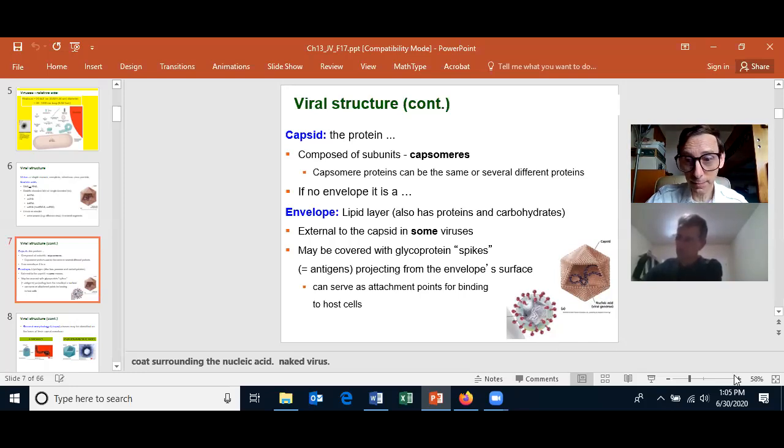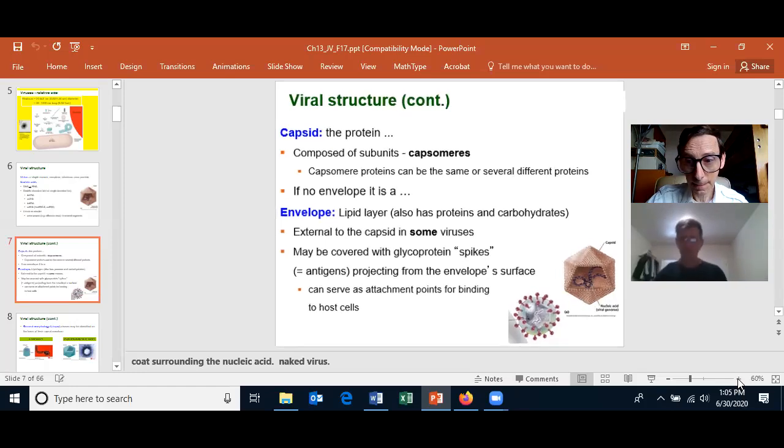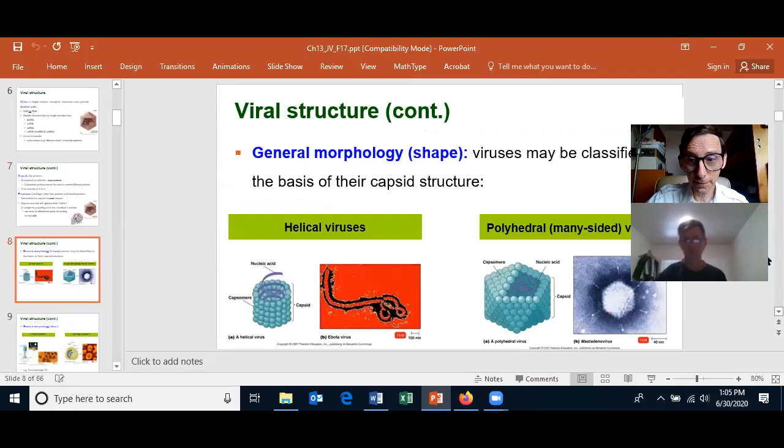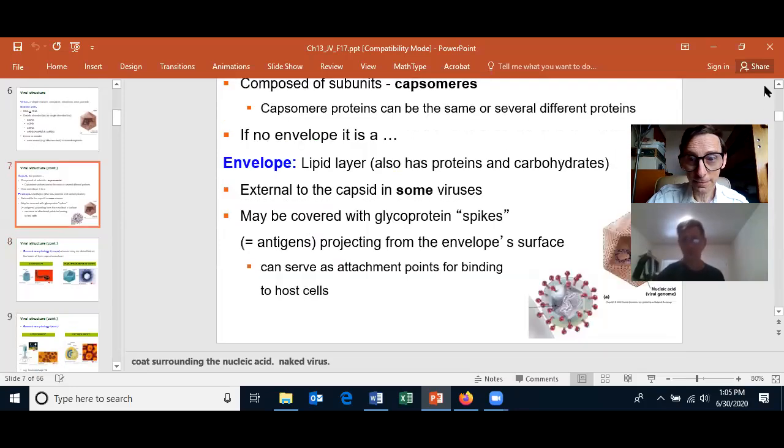Let me blow this up a little bit. And if there are spikes, those are the outermost regions of the virus. And so the outermost regions of the virus are what the host immune system recognizes as antigens. And so for a spiked virus, the spikes are antigens.